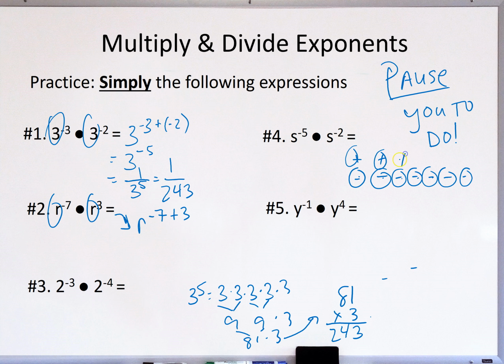Plus, plus, plus. Cancel, cancel, cancel. I have a negative 4 left over. So that's r to the power of negative 4. We don't want to leave that negative, so we'll write 1 divided by r to the 4th power. Okay? I need a little room, so I'm going to erase this.